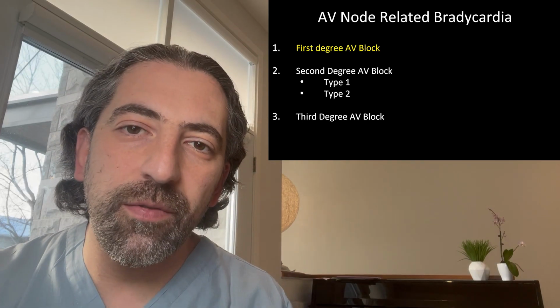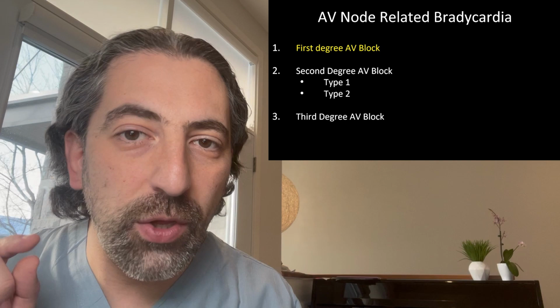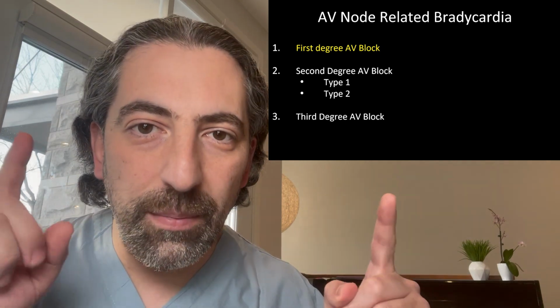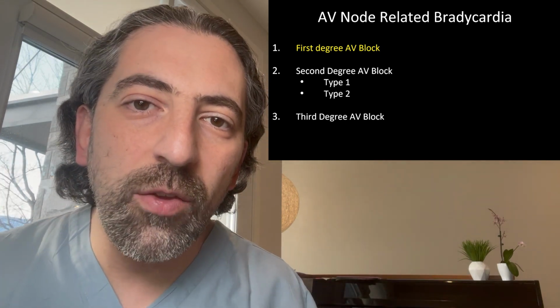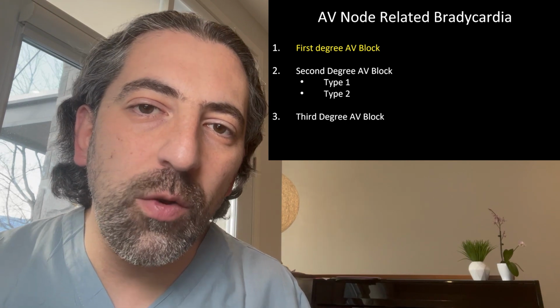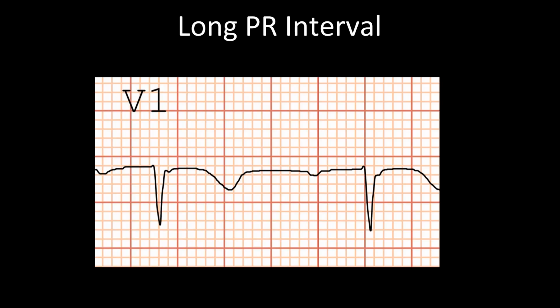First degree AV block refers to when the PR interval, which is the beginning of the P to the beginning of the QRS, is more than 200 milliseconds, so more than one large square. Here's an example where you see that this interval from the beginning of the P wave to the beginning of the QRS is greater than one large square, so greater than 200 milliseconds, and so this patient has a long PR interval, so first degree AV block.